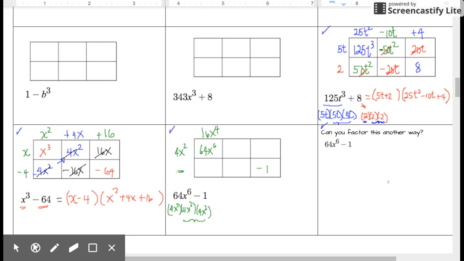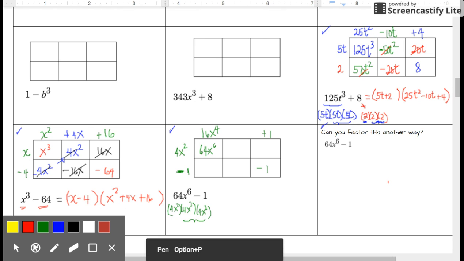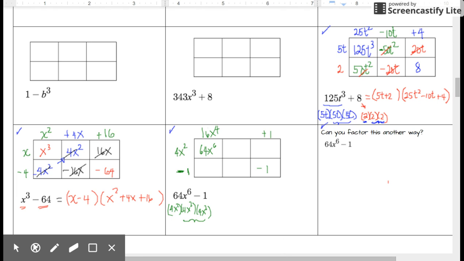That's going to be negative 1 times positive 1. So now we'll try to figure out the middle term. So first we multiply 16x to the 4th by negative 1, and that's going to be negative 16x to the 4th. Now we should know that this here should be the opposite, 16x to the 4th.